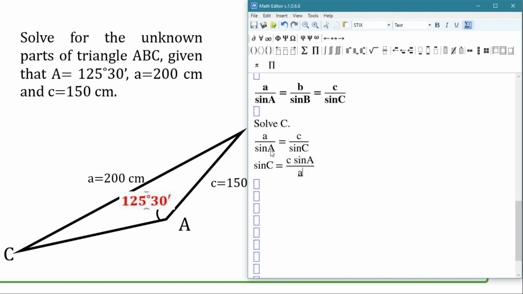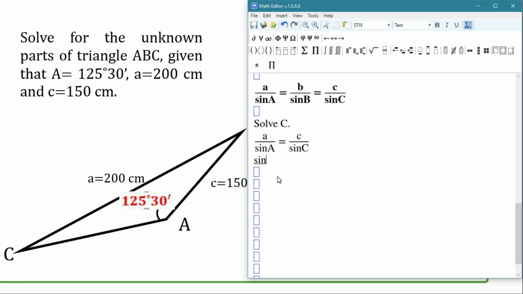We multiply both sides by sine of C first. Okay, let us repeat. We multiply both sides by sine of C.